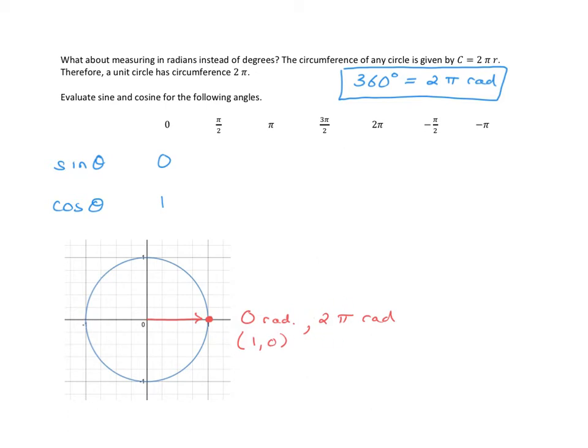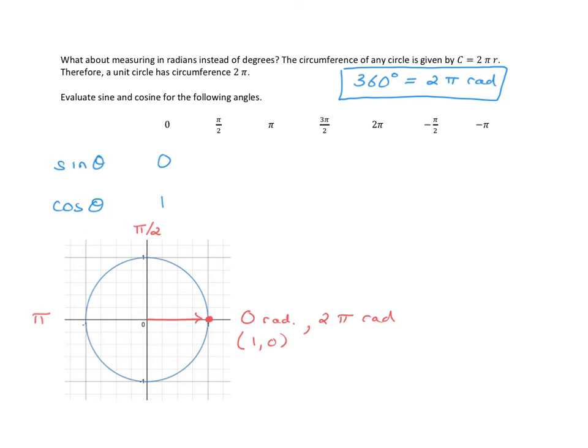So half a rotation is pi radians. If you go half of half a rotation, that would be pi over 2 radians. So it is strange, but it's using a similar logic. A full rotation is 2 pi, therefore half of it would be half as much, which is pi. If half a rotation is pi, then half of that is going to be pi over 2.